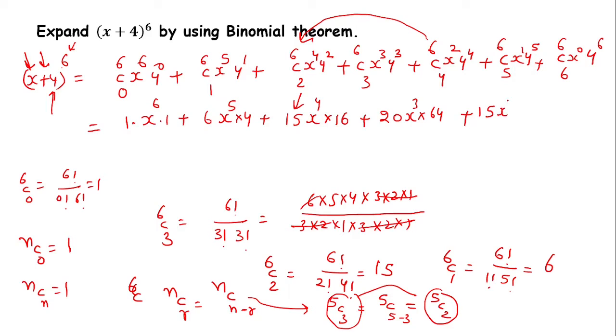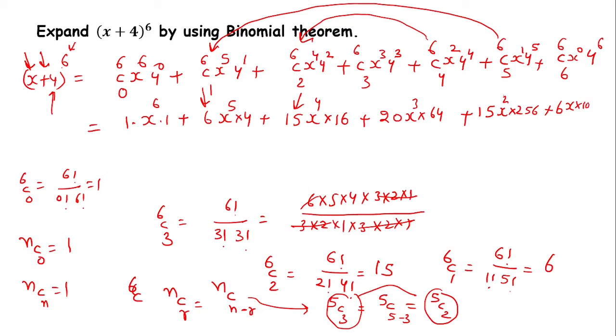So 15 x square multiplied with 4 power 4. 4 power 4 is 4 times 4 times 4 times 4. Simplify this. You can use your calculator. It is nothing but 256. So 256 plus 6c5 is nothing but 6c1, and 6c1 is 6 only. 6x, 4 power 5, which means 4 times 4 times 4 times 4 times 4, is 1024.